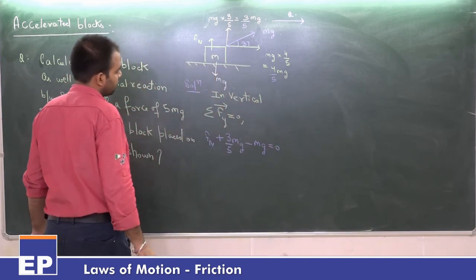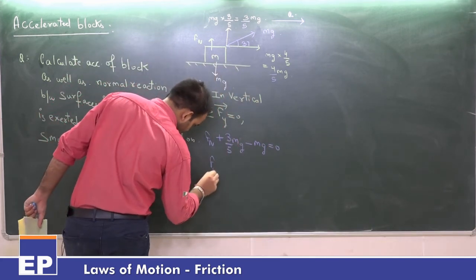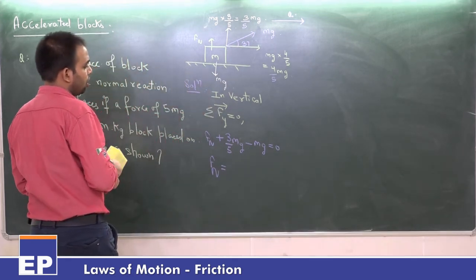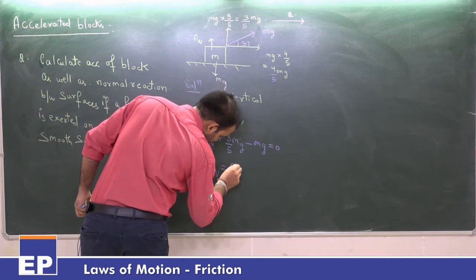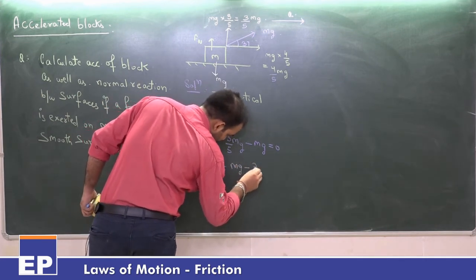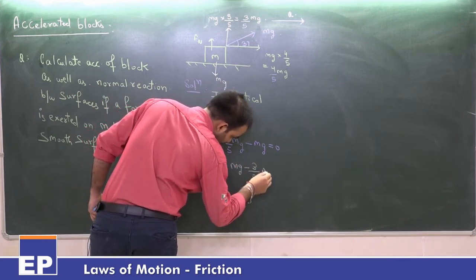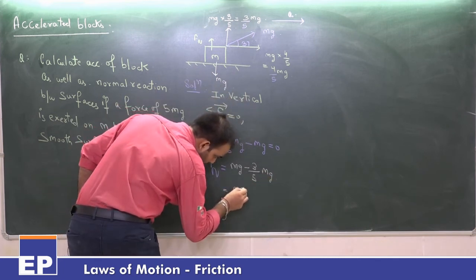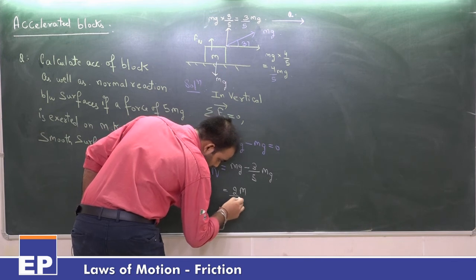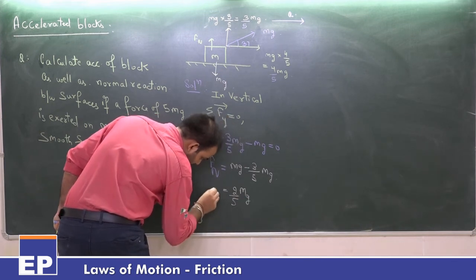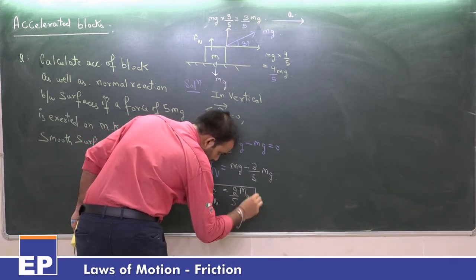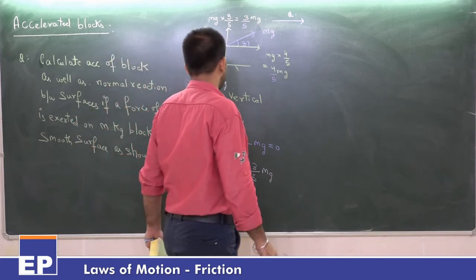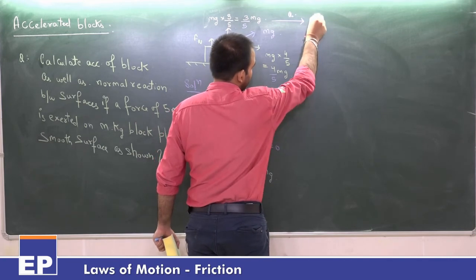What is the value of normal reaction? Normal reaction is mg minus 3 by 5 mg. That will be how much? 2 mg by 5.